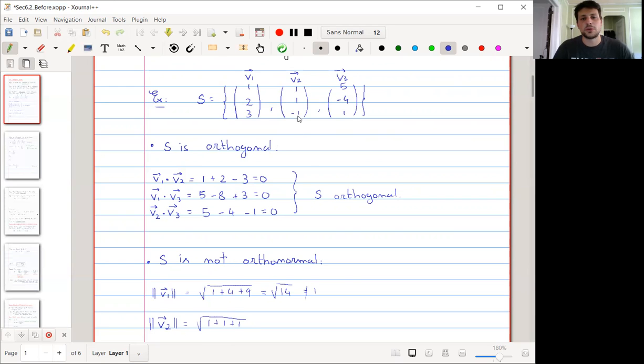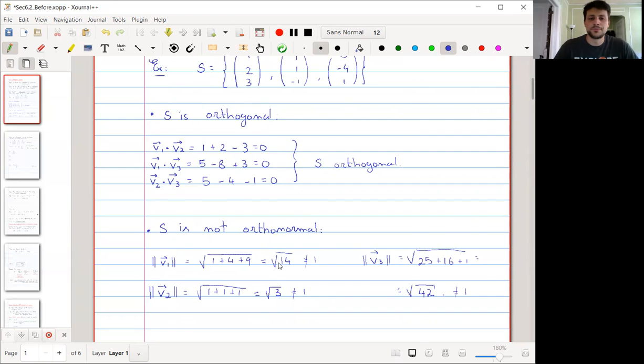I have to square its components, so the -1 becomes a plus, and that's square root of 3. And the norm of v3 is the square root of 25 plus 16 plus 1. And that makes it the square root of 42. All of these lengths are not 1, so any one of these vectors disqualifies S from being an orthonormal set.